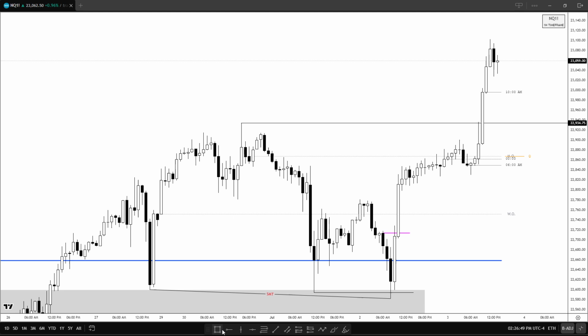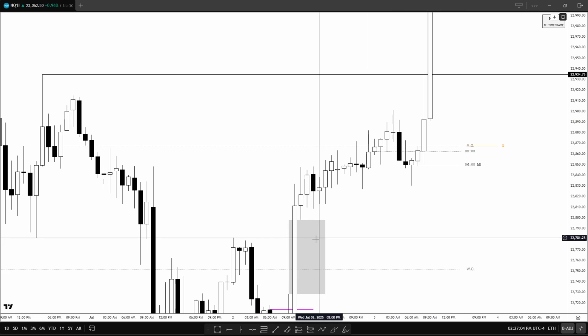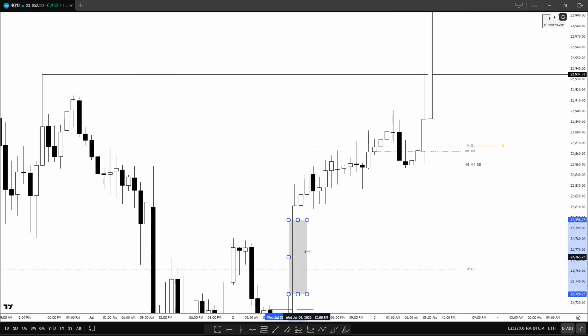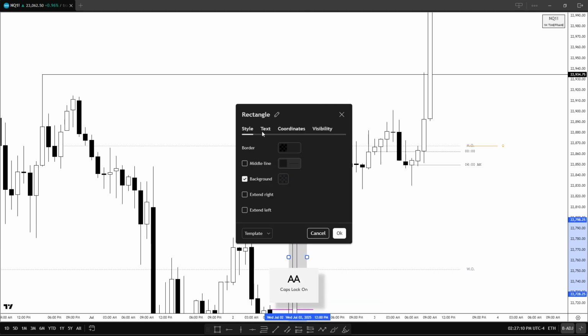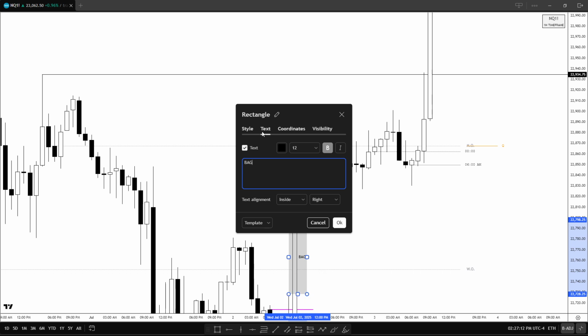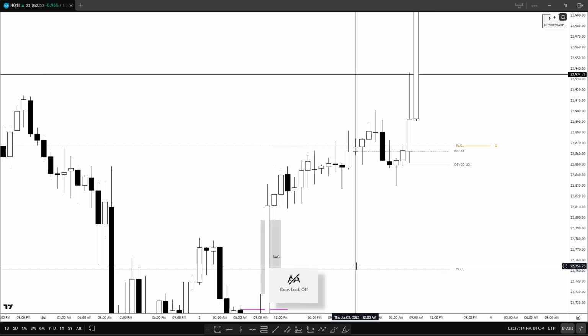Right? Now, how can we align ourselves to get to this high? Well, we wait for either this gap to rebalance it and then trade higher into it, or we can assume that this gap is likely a breakaway gap. So I'm going to mark this as our breakaway gap.